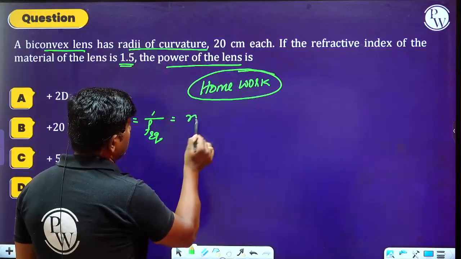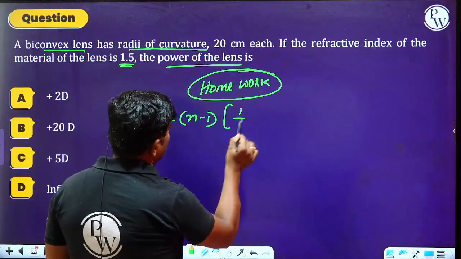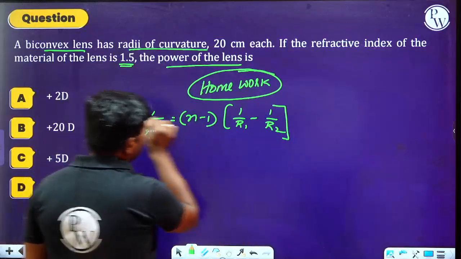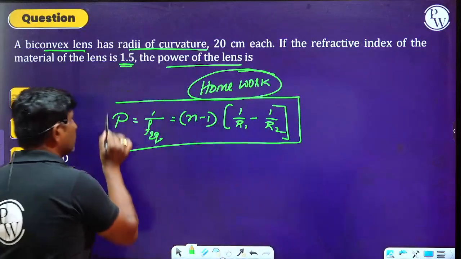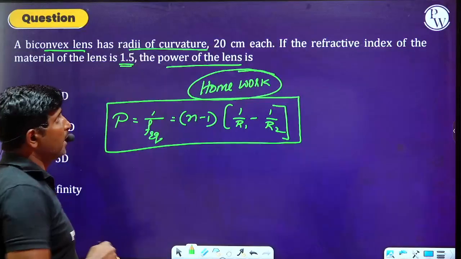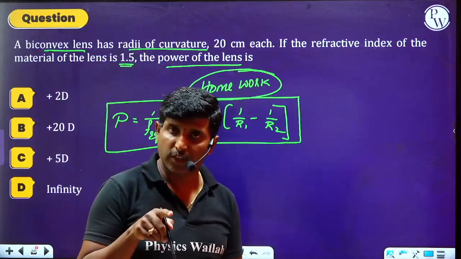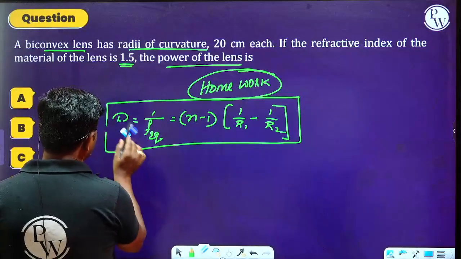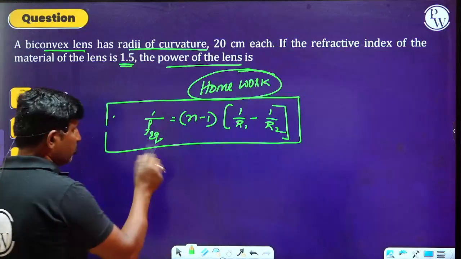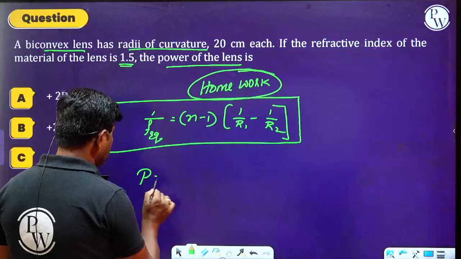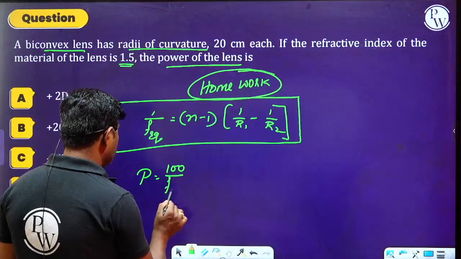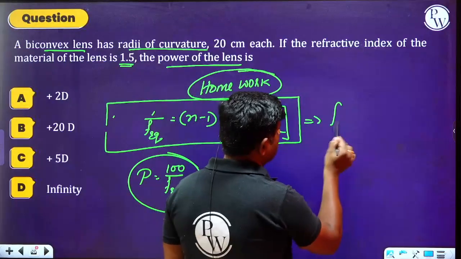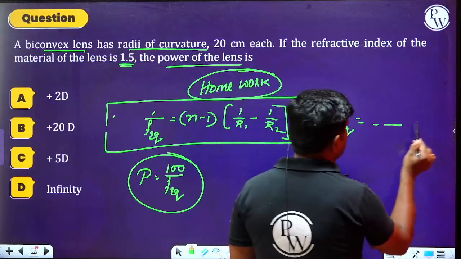Use the relation n minus 1 into 1 by R1 minus 1 by R2, and please take care. If we get focal length in centimeter, then use the power formula: first carry 1 by f equivalent, then the power is equal to 100 divided by f equivalent, because we will get f equivalent in centimeters.